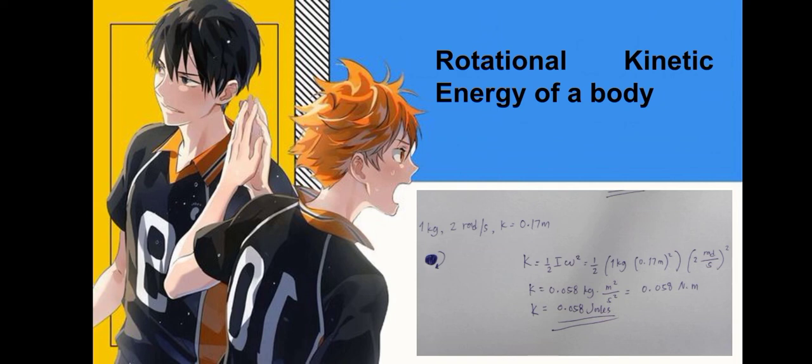So, substituting in the formula, KE is equal to 1/2 I ω², which is equal to 1/2 times 1 kilogram multiplied to (0.17 meter)² times (2 rad per second)², which is equal to 0.058 kilogram meters squared over seconds squared, which is equal to 0.058 N·m, or kinetic energy is equal to 0.058 joules.